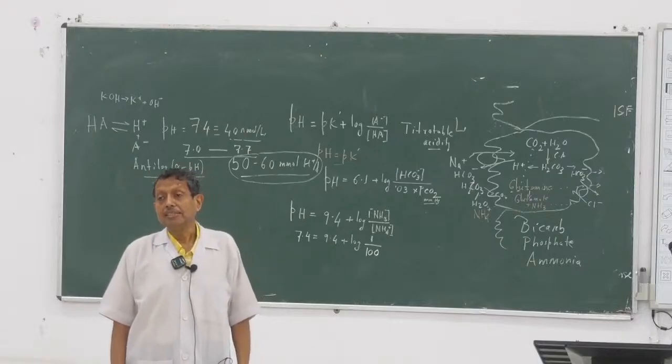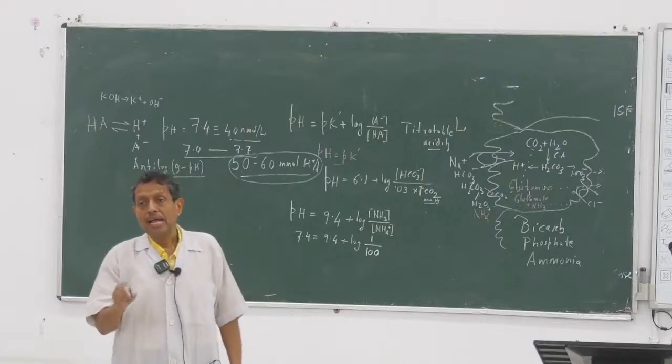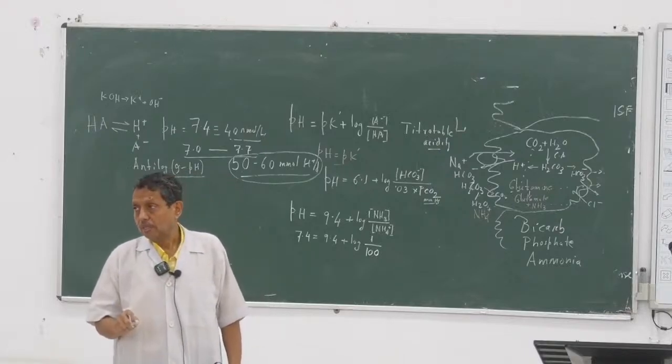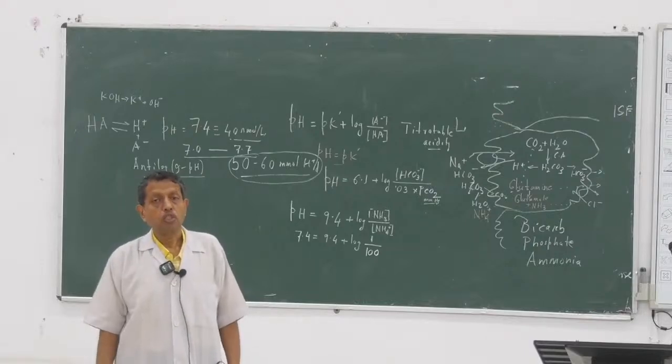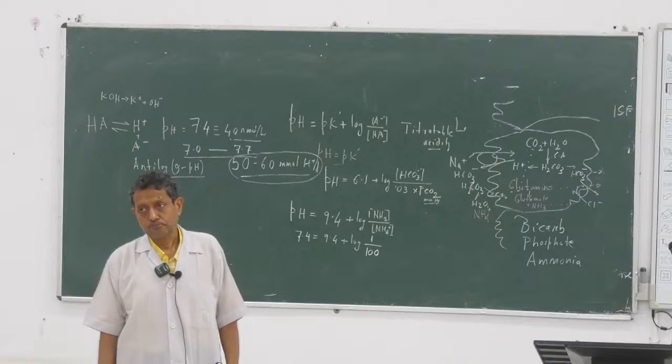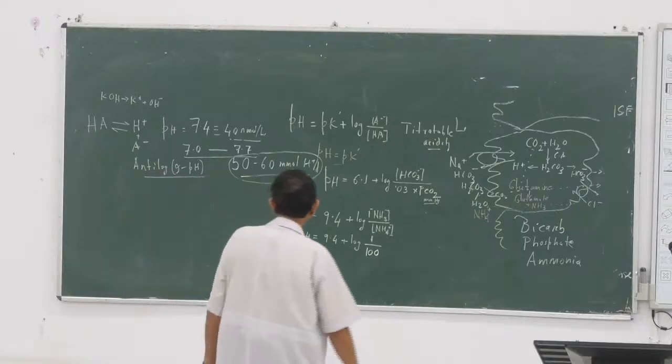So it is the phosphate buffer and other buffers. Though they have minor importance, they are titrated. Phosphate buffer, Na2HPO4.